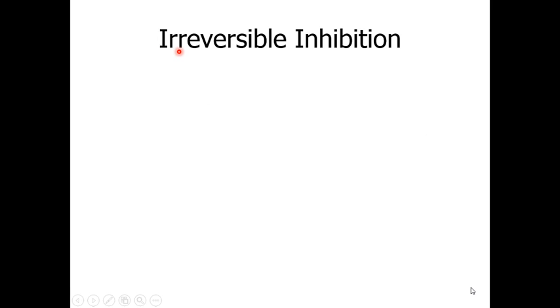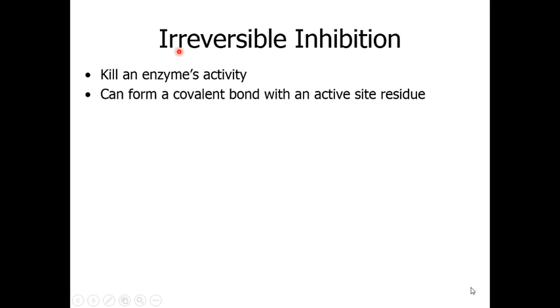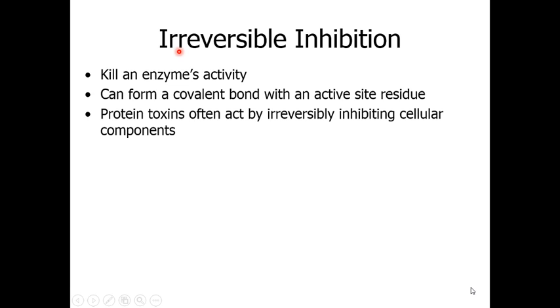Irreversible inhibition is another type of inhibition that involves covalent attachment of an inhibitor to an enzyme. An irreversible inhibitor kills an enzyme's activity. It can form a covalent bond with an active site residue, and that happens in most cases.